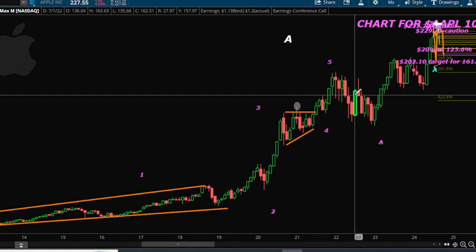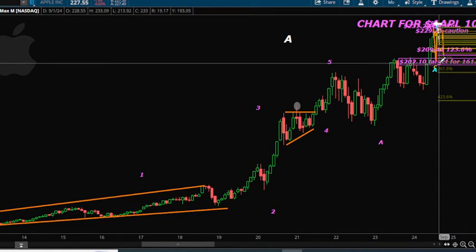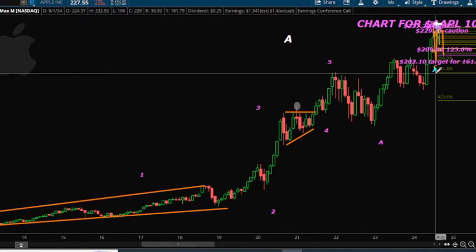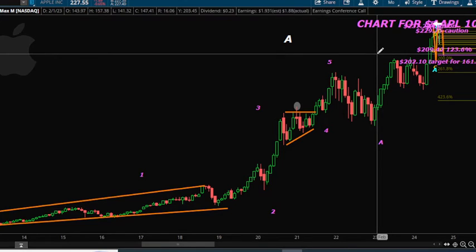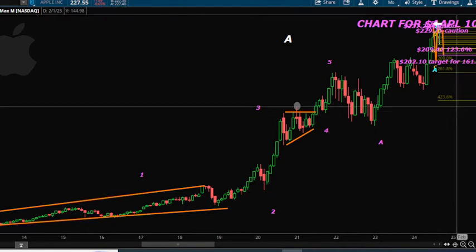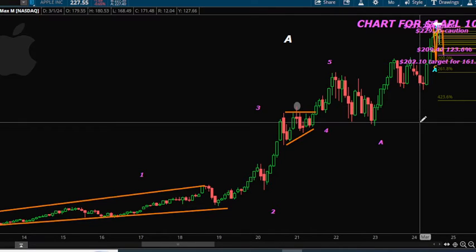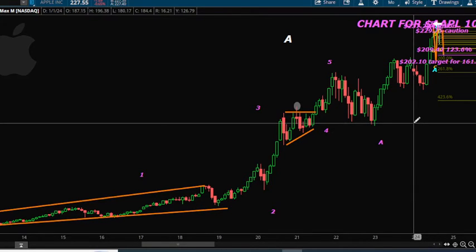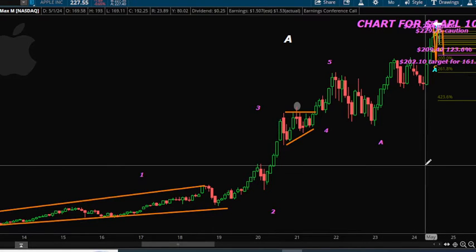When we get to the B wave, we could be in a trading range for a while. So this rally up was your A, and then your trading range will be B for probably a few years. And then we'd rally up for a C wherever the B ends.